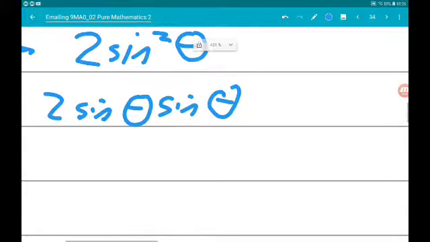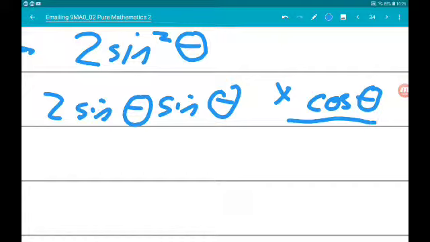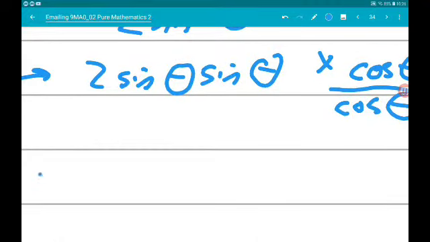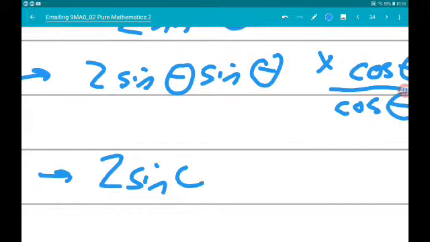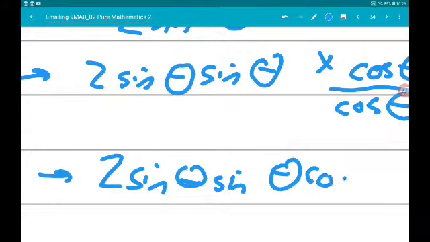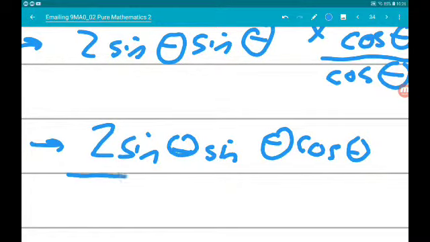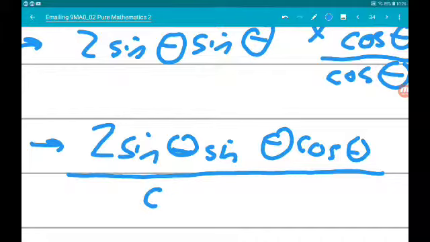Okay, we can multiply this by cos theta over cos theta. Now that's going to give us 2 sine theta sine theta cos theta over cos theta.